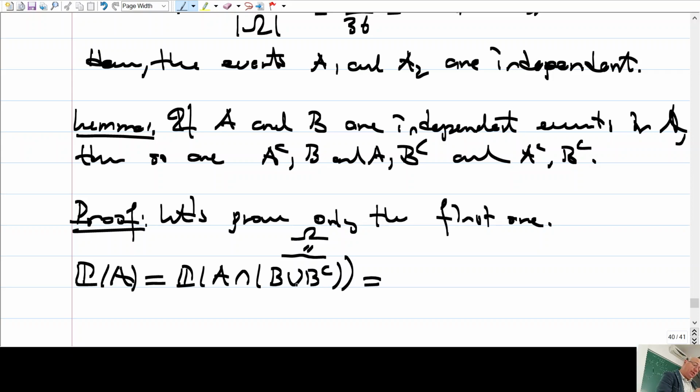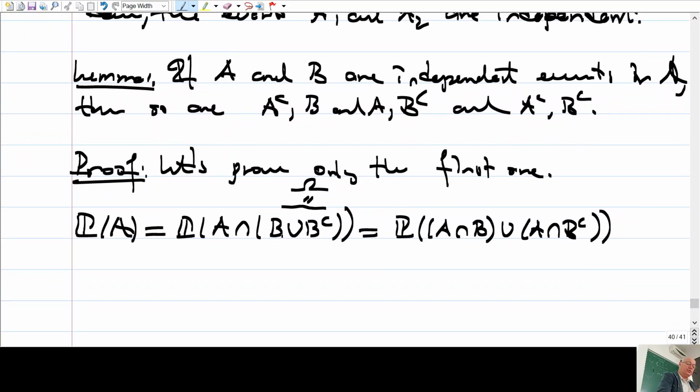But when you write it this way, we can write the following. This intersection is the disjoint union of these two events, right? Because B and B complement are disjoint. So I can write it this way.